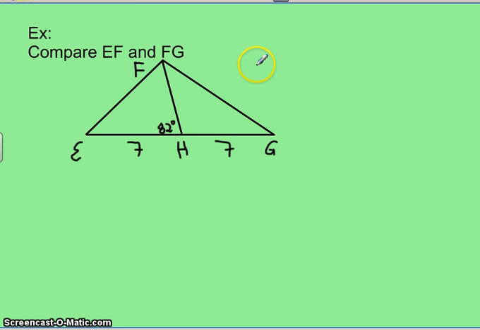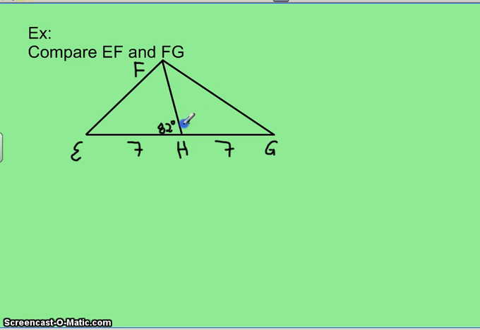Alright, let's move on here. We're supposed to compare EF right here with FG. Again, I see that we have the reflexive property. I see that we have both 7 marked for lengths here, which make H a midpoint also. And then we've got a linear pair sitting right here. So if this is 82, 82 plus what equals 180?